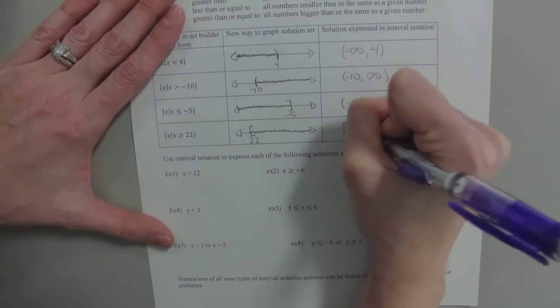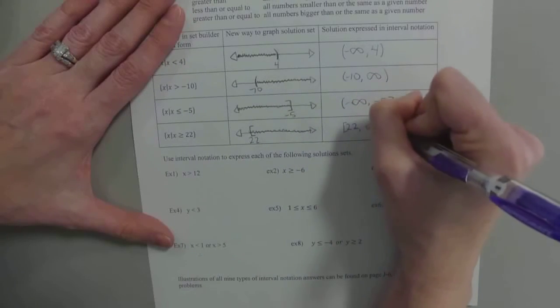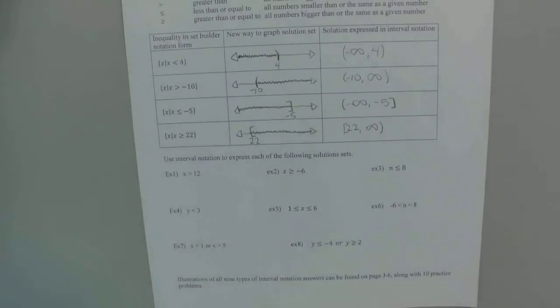And doing lower bound to upper bound, our lowest we go is 22, but it's included, so we'll have a bracket, and we're going to positive infinity. But we never hit infinity, so it always has a parenthesis. Is that okay, guys? Okay. So that's kind of just the key difference: remember, it's always left to right, low to high, and then included, use a bracket, not included, use a parenthesis.